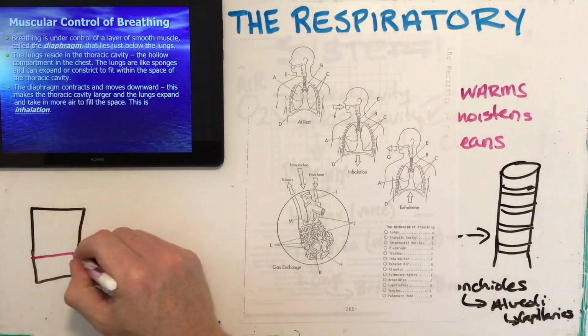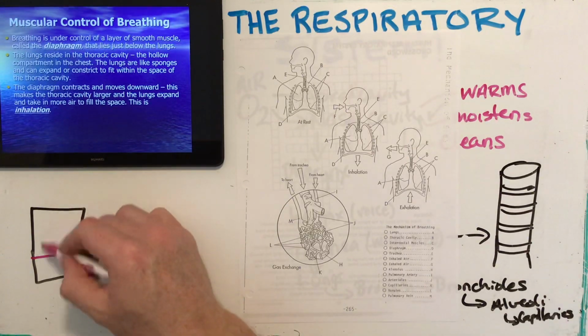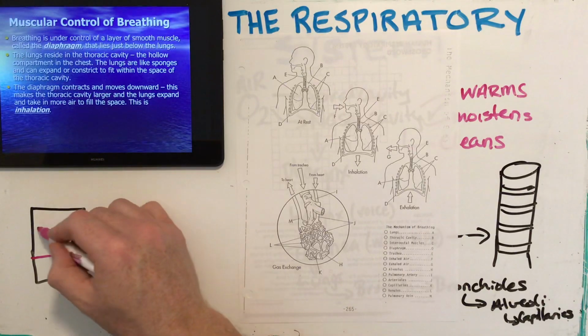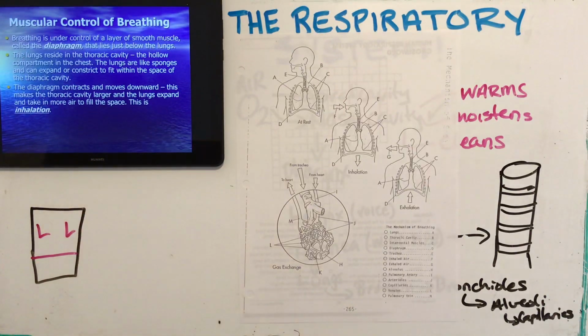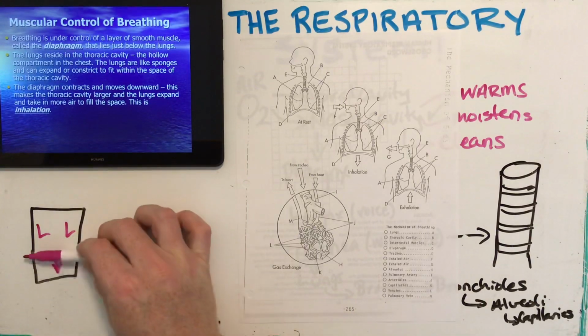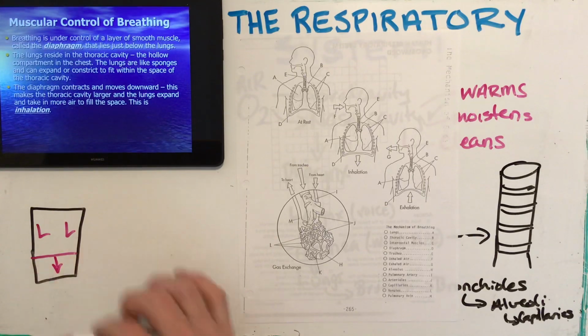Here's my diaphragm, right? If I move this diaphragm down, this area above here gets larger. And this is where my lungs are. I've got a left and right lung here. I just put L for lungs. If this moves down, that space gets larger, and my lungs will expand to occupy that increased space.